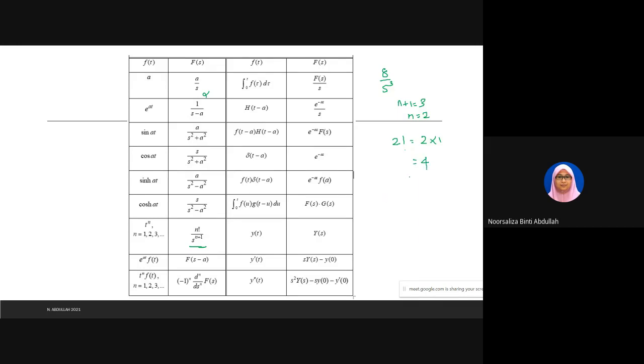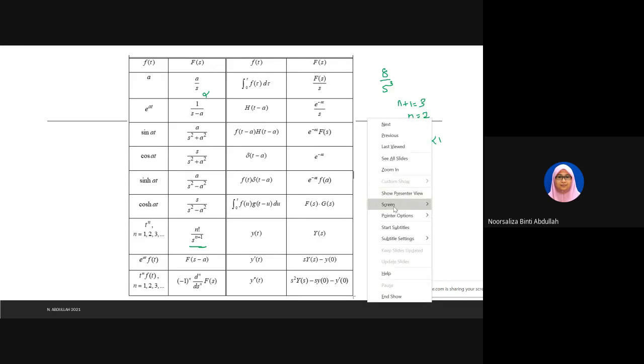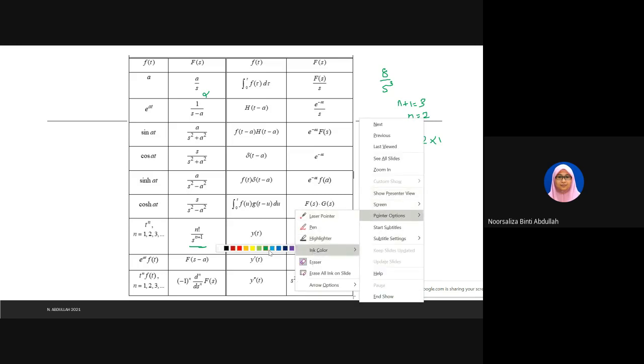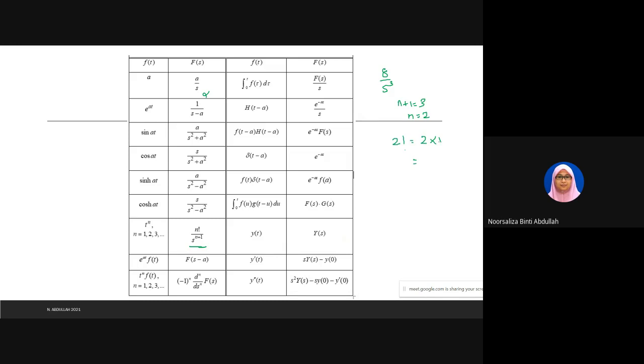So sorry, it is equal to 2. So what we have here is 8 over S^3, but now we only have 2 over S^3.